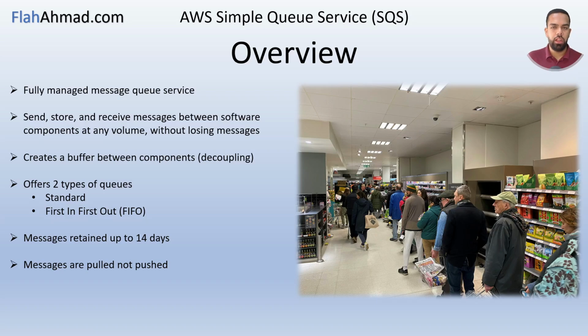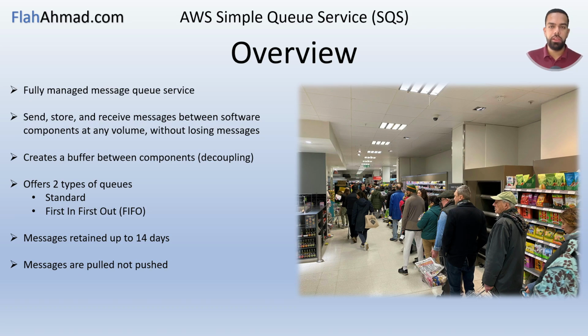Also important are the keywords push and pull. Queues are pull-based, meaning that you have to actively check if there is a new message in the queue. In one of the upcoming videos, we will also cover the Simple Notification Service, in short SNS, which is a push-based service where messages are delivered to a target.